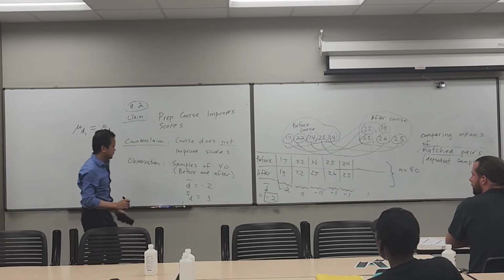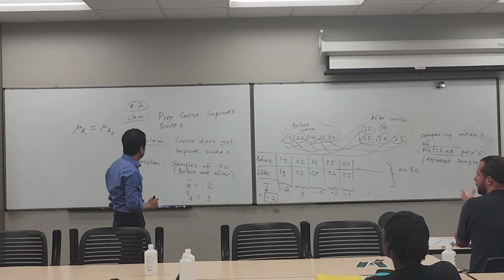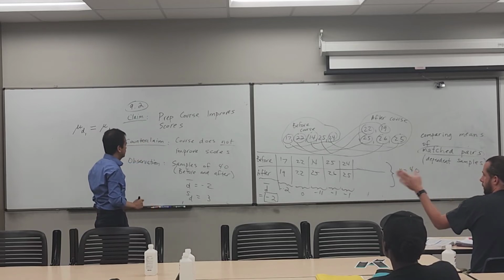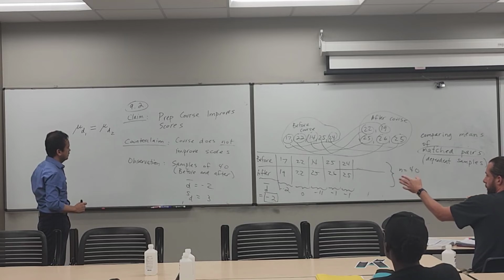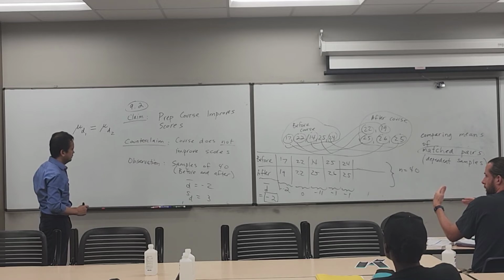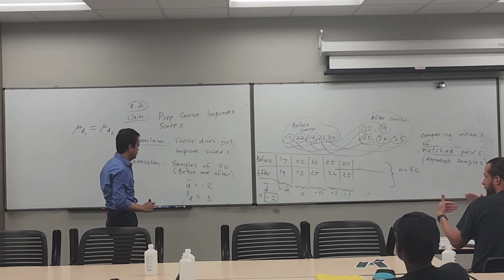If the claim is your course improved scores, you would say that group 1 being before and group 2 being after, group 2 would be greater than group 1. And the counterclaim would be less than or equal to.